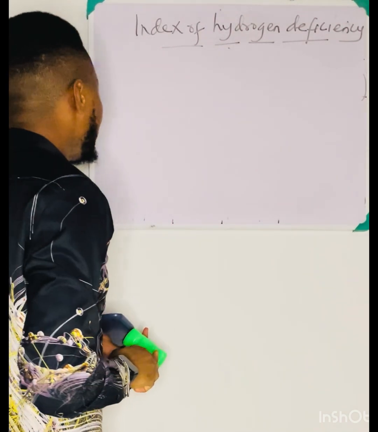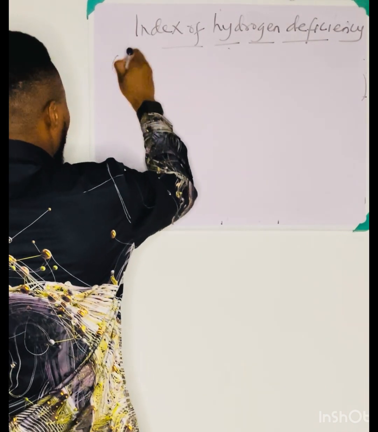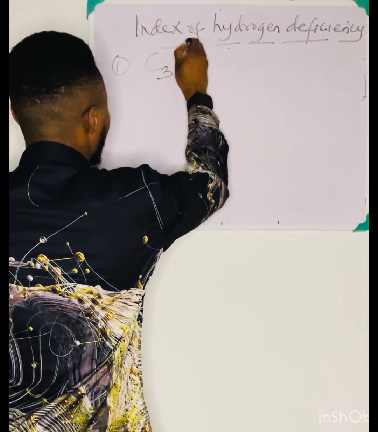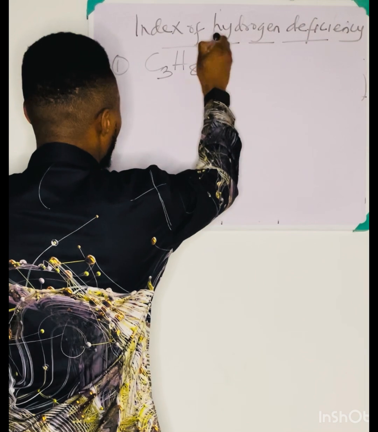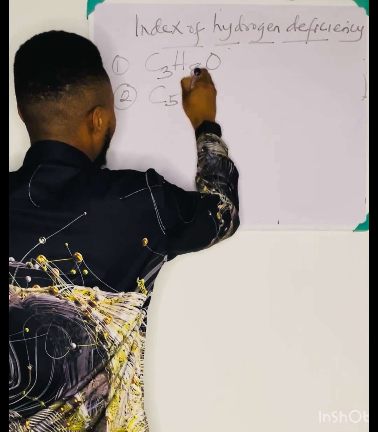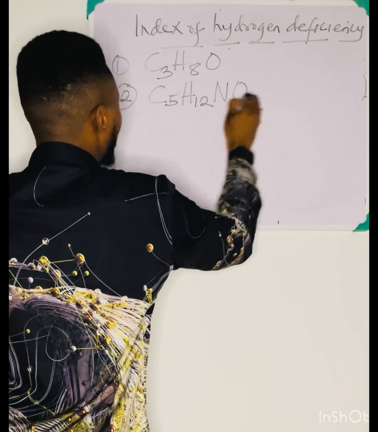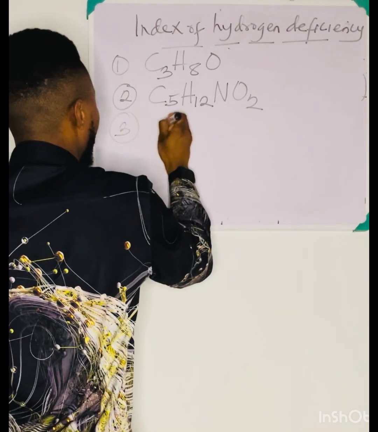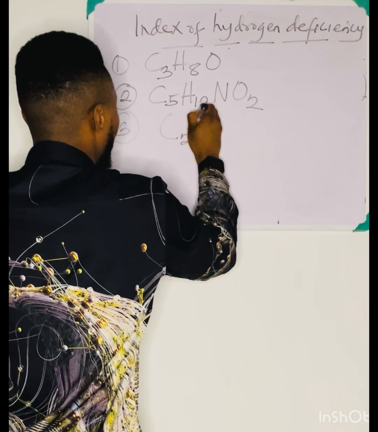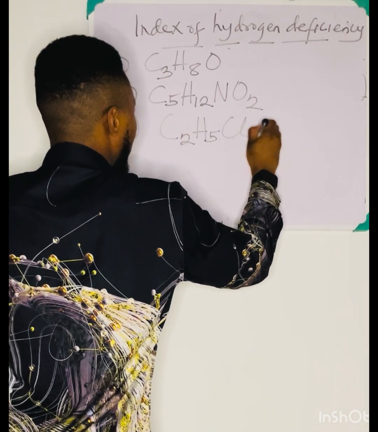So let's determine the IHD, index of hydrogen deficiency, of the following. Number one, let's say C3H8O. Number two, let's say C5H12NO2. Number three, let's say C2H5Cl2.